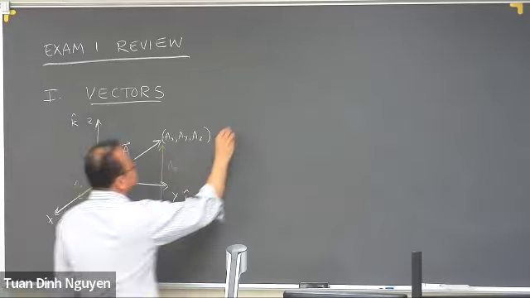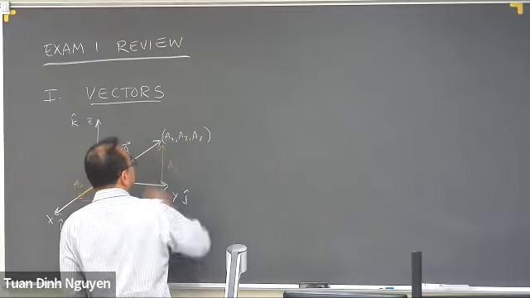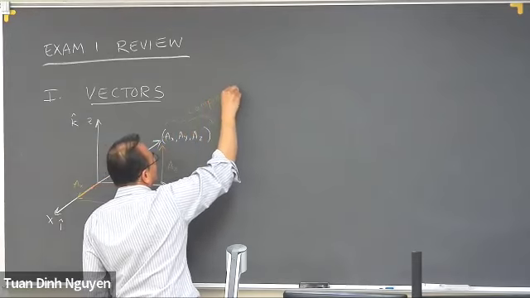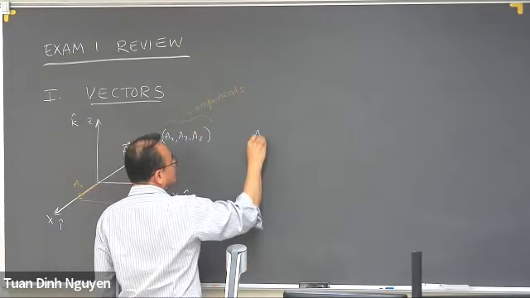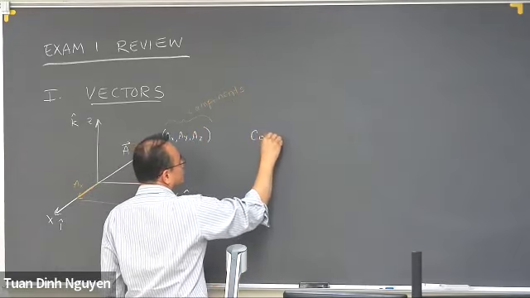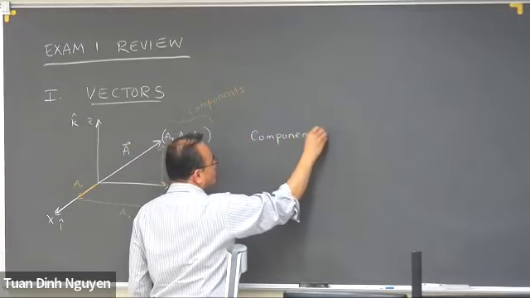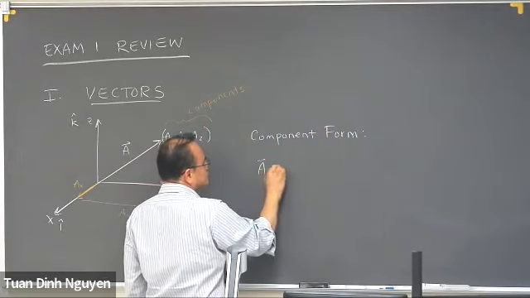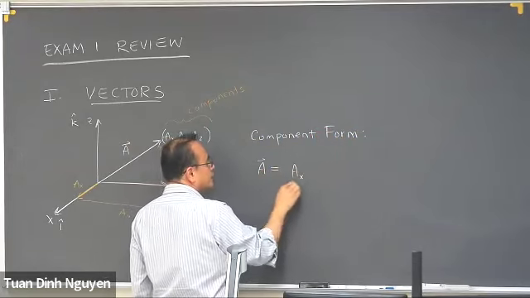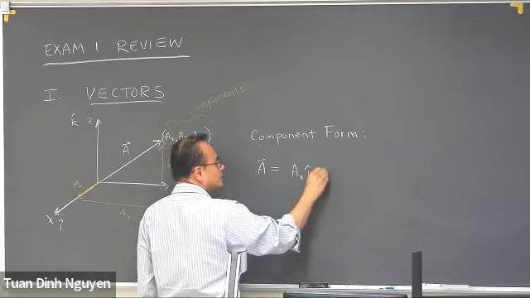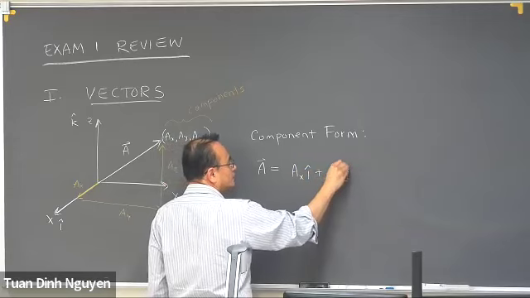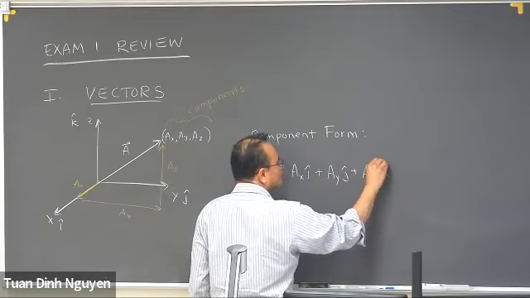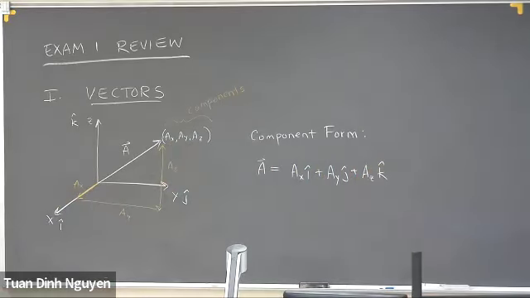Ax, ay, az, these are called components. And we can write it in component form: just the sum of ax in the i component, ay in the j component, j hat, and az in the k hat, or k component, like that.